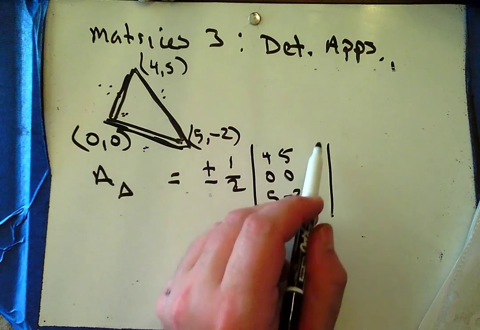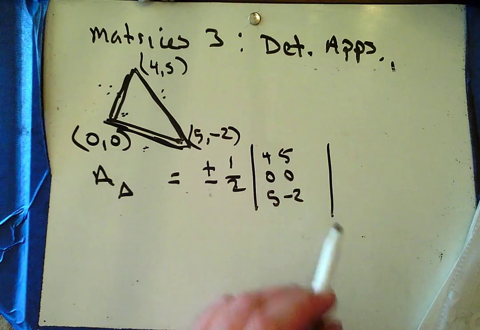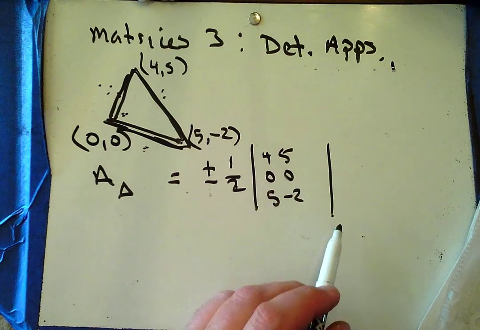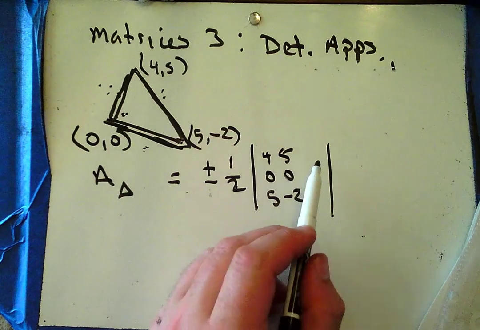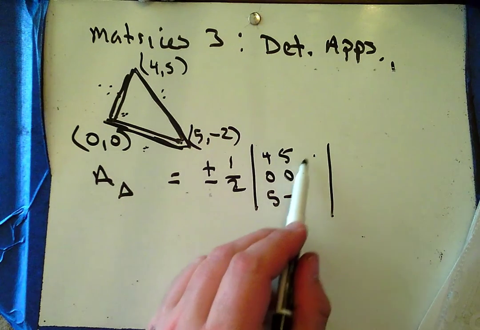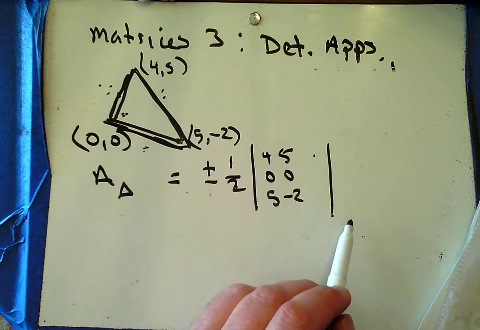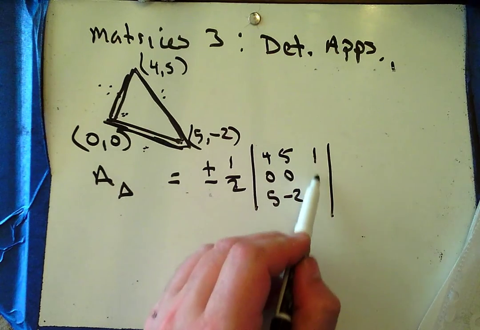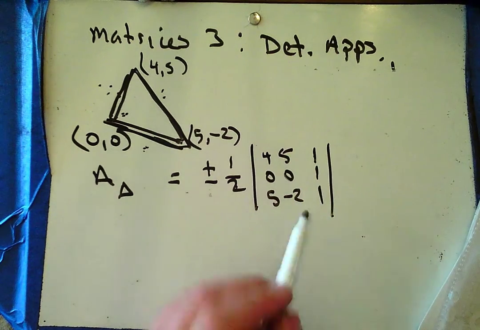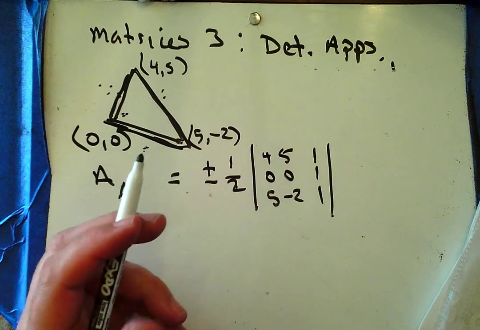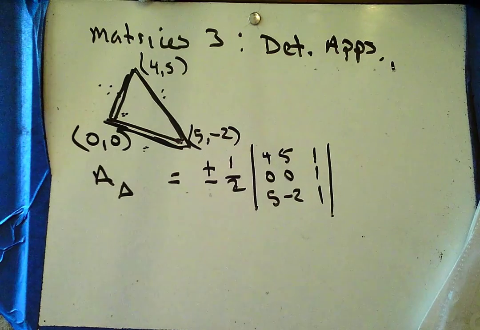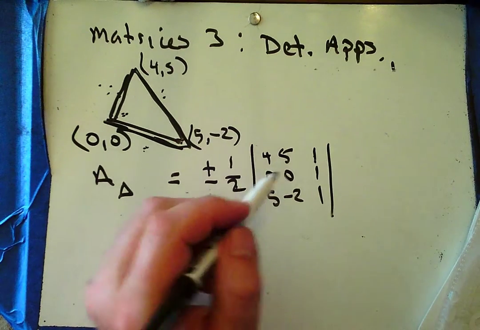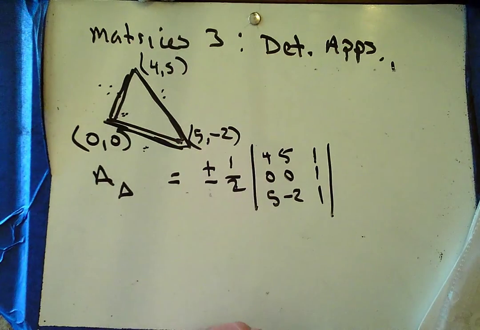So I have to put in a column of numbers. Now, when I put in this column of numbers, they can't change the values. I need a column of ones, because if I multiply things by 0, they become zeros, but if I multiply things by 1, they stay the same. So this is going to be my recipe for finding the area of a triangle.